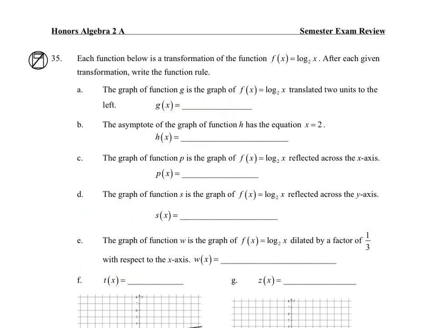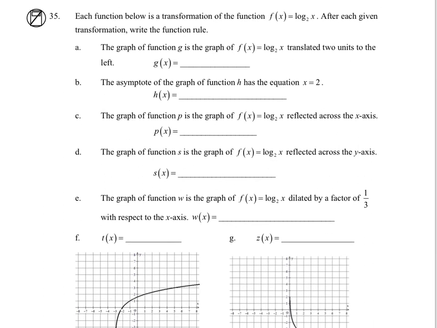Okay, same idea, but with a logarithm. Translated 2 units to the left. So that is log base 2 of x plus 2. You must have those parentheses. If you don't, it's not correct. So the asymptote was moved over here to positive 2, which means it went to the right 2.